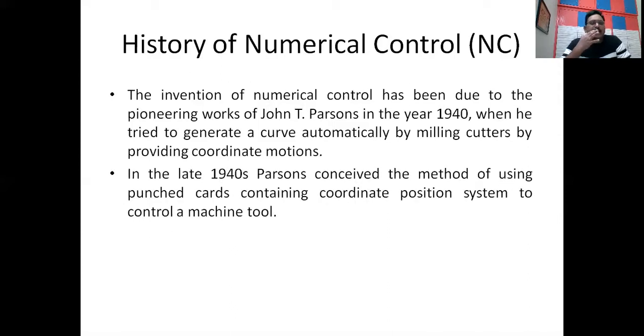In the late 1940s, Parsons conceived the method of using punched cards containing a coordinate position system to control a machine.